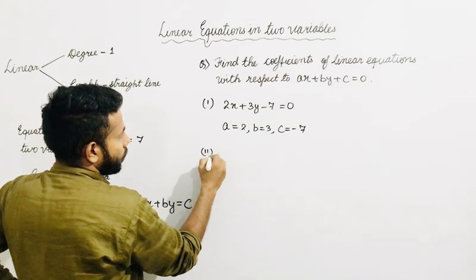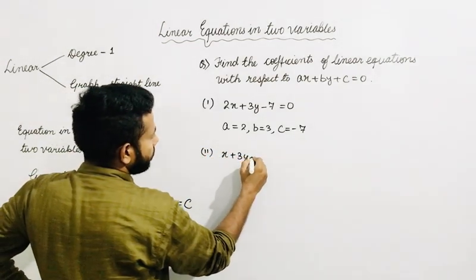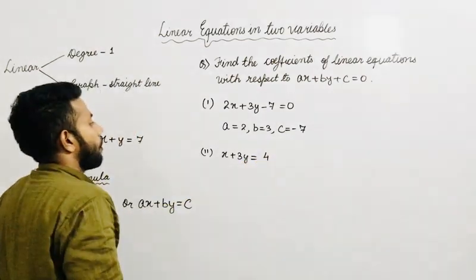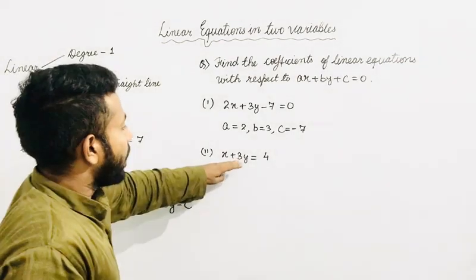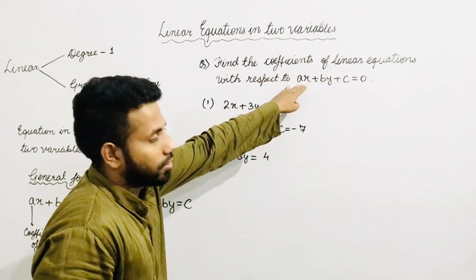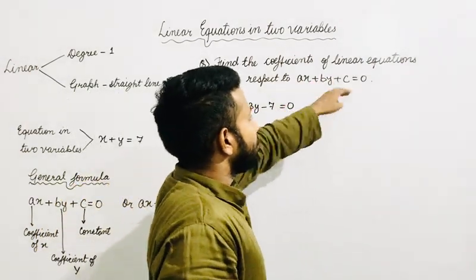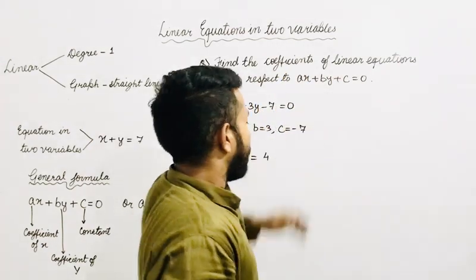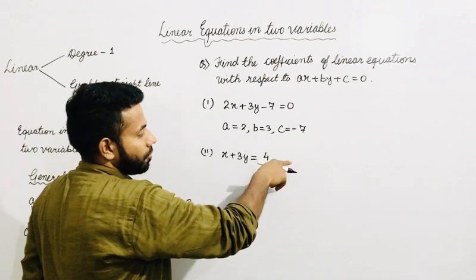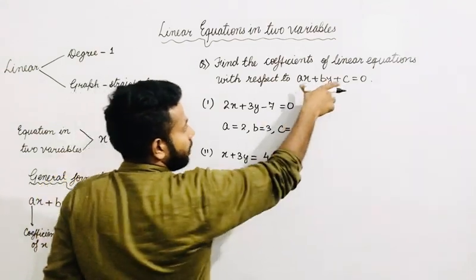Now if I give you an equation like x plus 3y equals 4, you have to find the coefficients of this equation in relation with this. Since the constant in the general formula is before the equal to sign, but the constant in the given question is after the equal to sign, you need to convert this equation into this form.